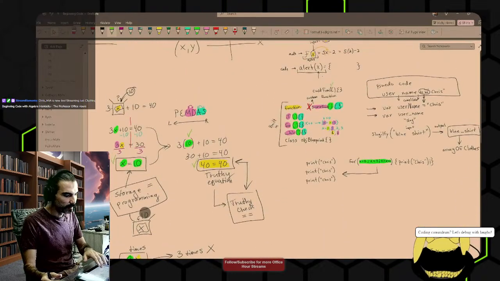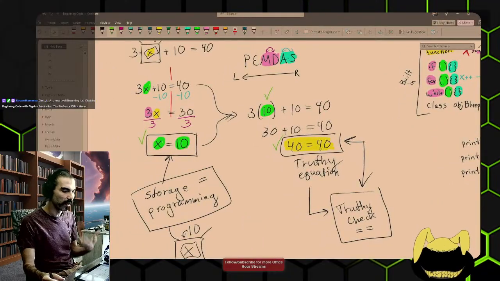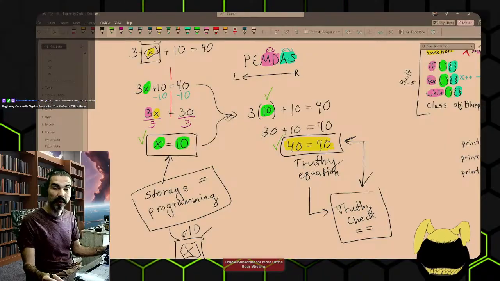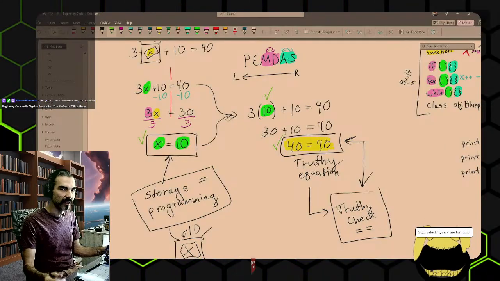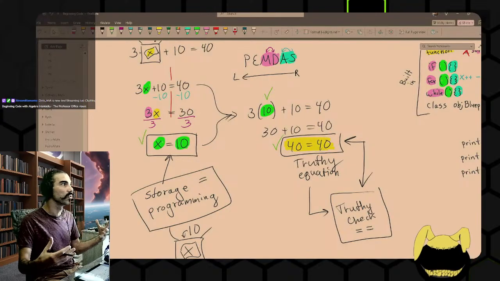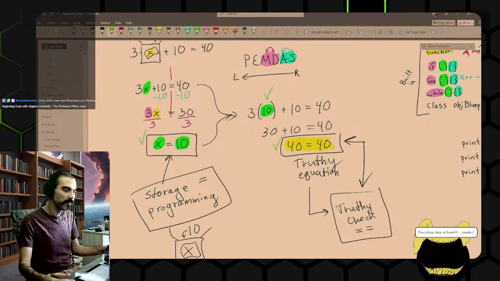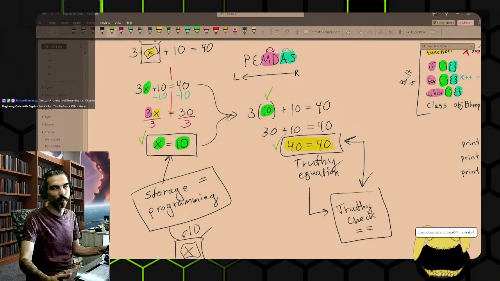And not only that, but a little more in depth on the types of use of a variable, what a variable does, and the truthy check in programming, making two equals signs be that truth check to see if this case is true or false. And then that's when we can do if statements, for loops, while loops.